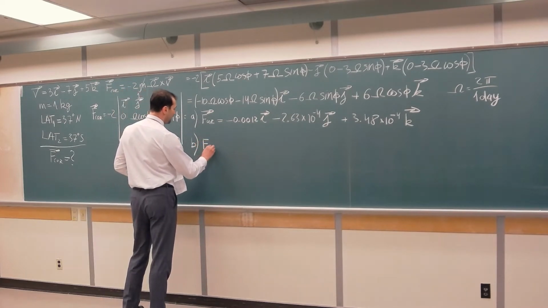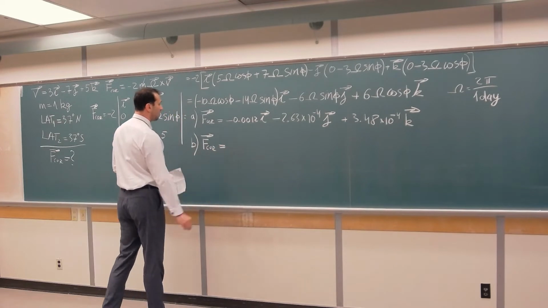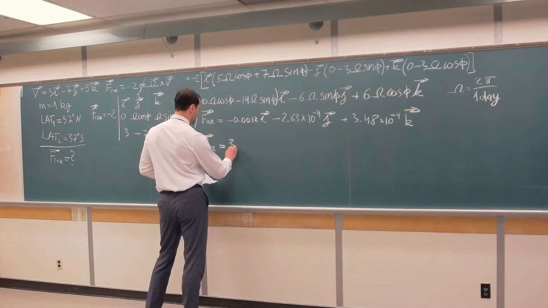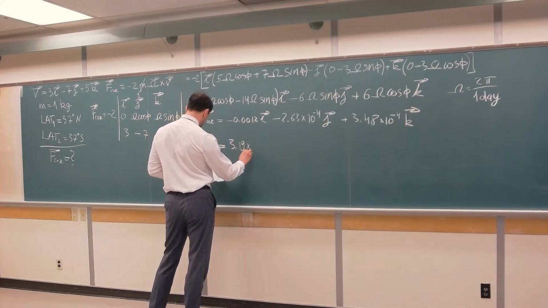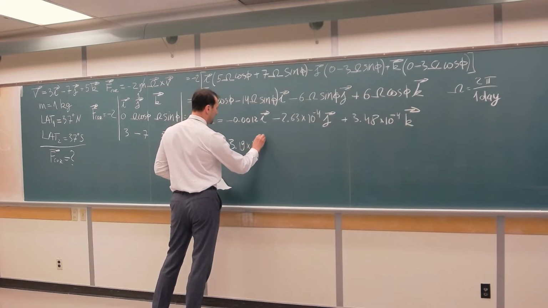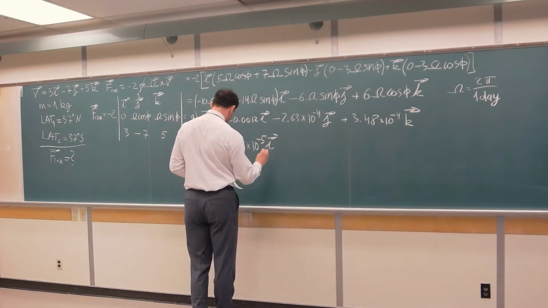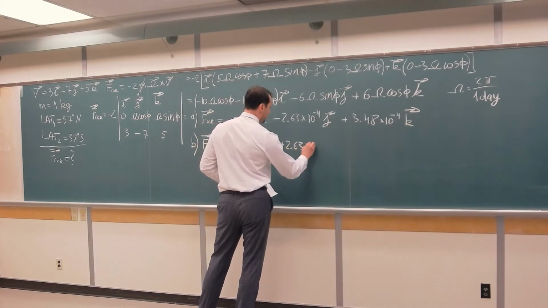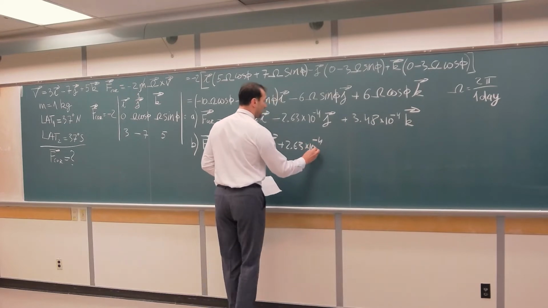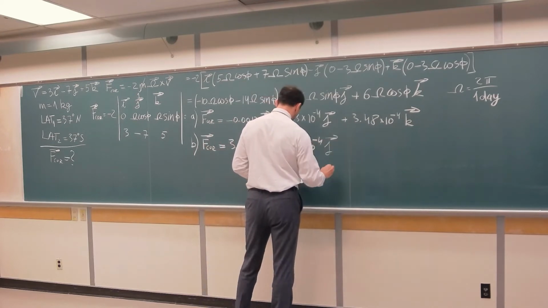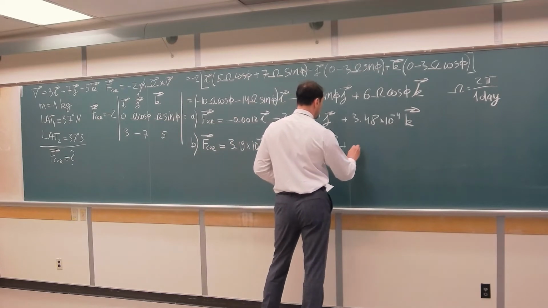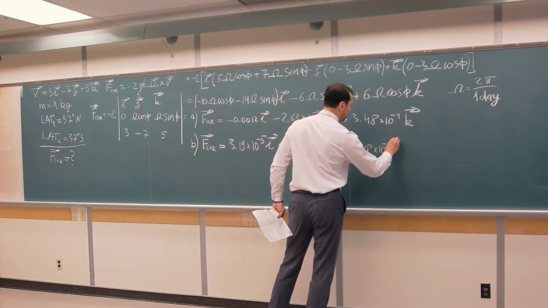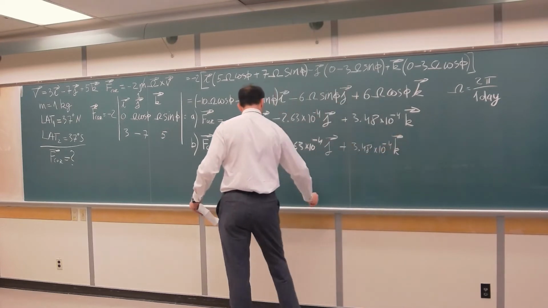So with that in mind, Coriolis force for B is equal to 3.19 times 10 to the power negative 5 in the I direction plus 2.63 times 10 to the power negative 4 in the J direction, and plus 3.48 times 10 to the power negative 4 in the K direction.